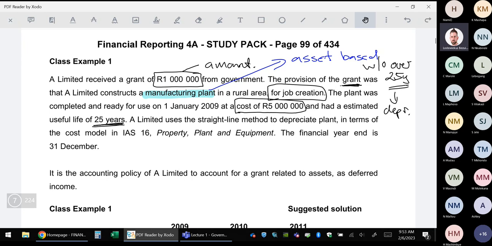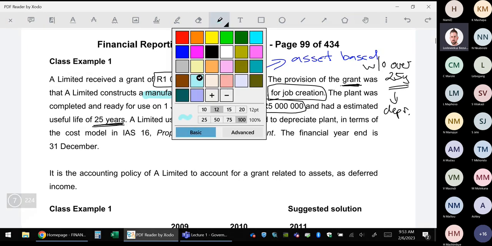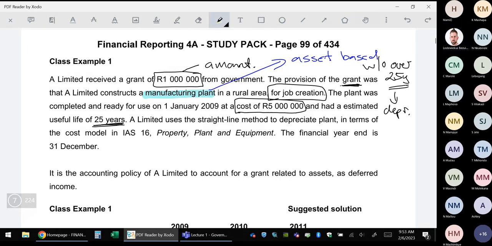Straight line method in terms of PPE, and it is the accounting policy of the company to account for the grant related to assets as deferred income. So the question will tell you how to account for the government grant.